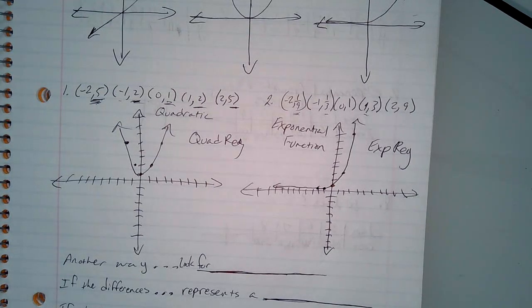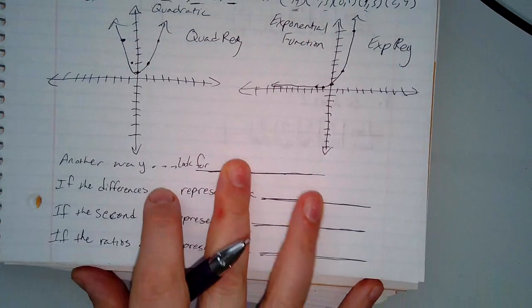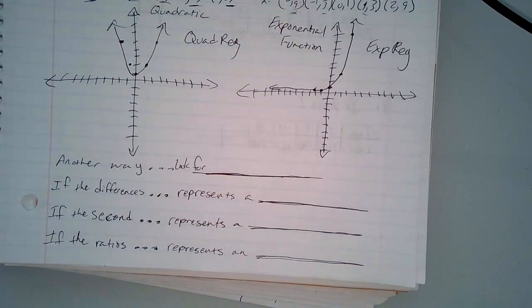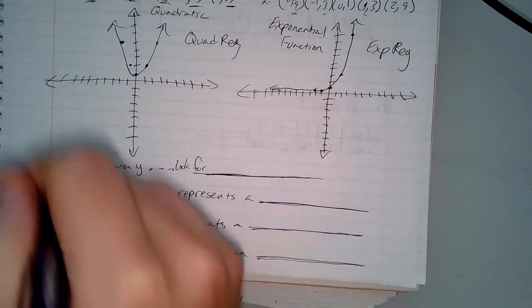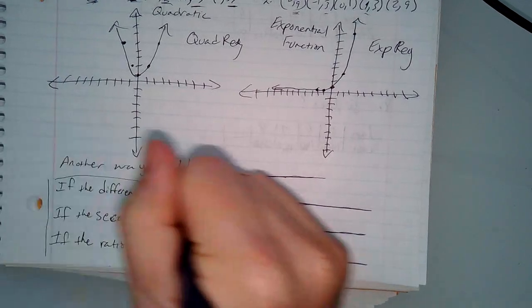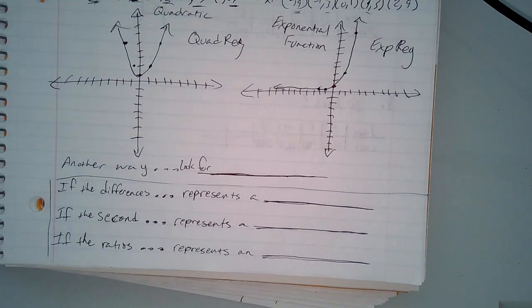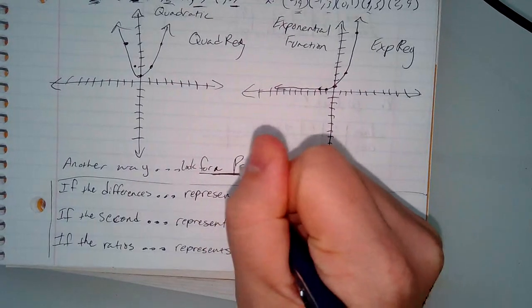All right, you good on that? Cool. All right, there's a bunch of words here. I didn't want to feel like writing down all the words, but I'll help you fill this thing out. It says above the little box, another way to determine which model best describes data is to look for a pattern.